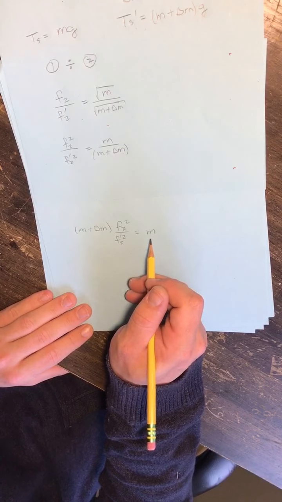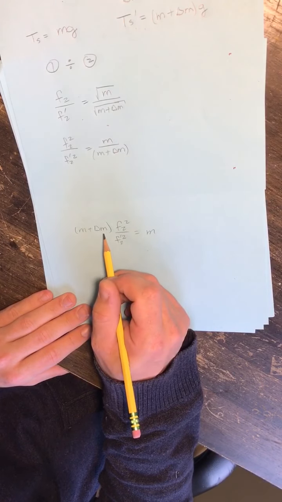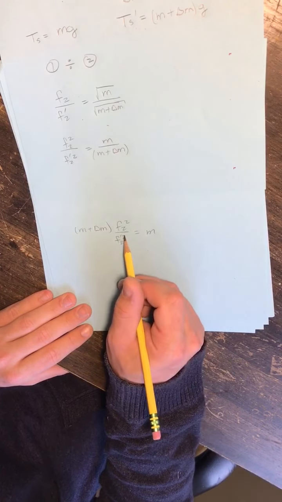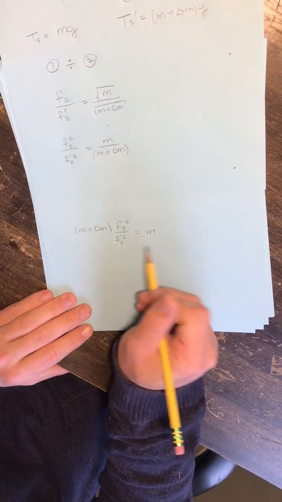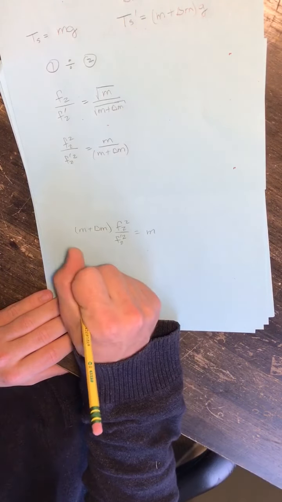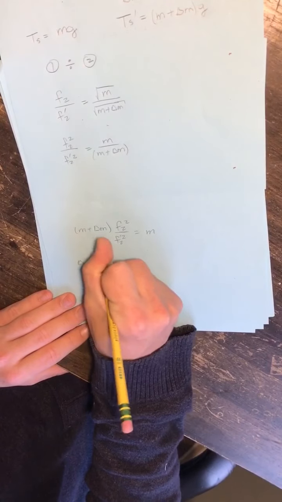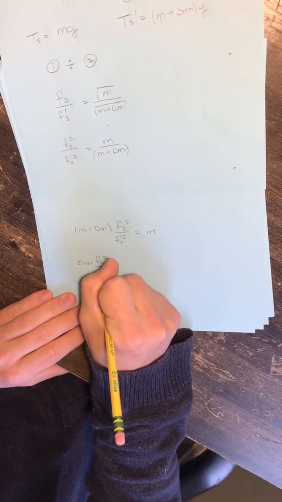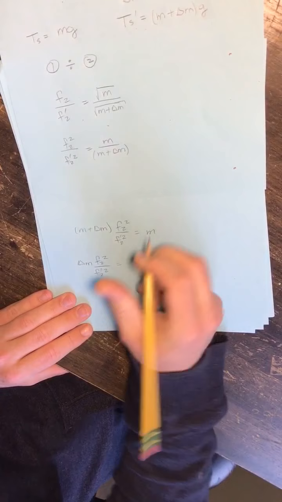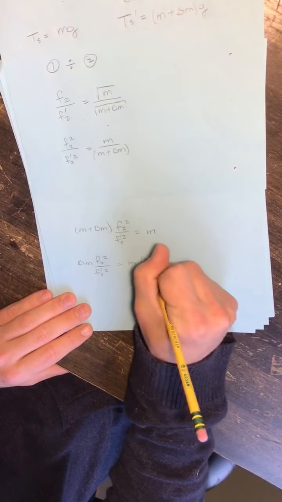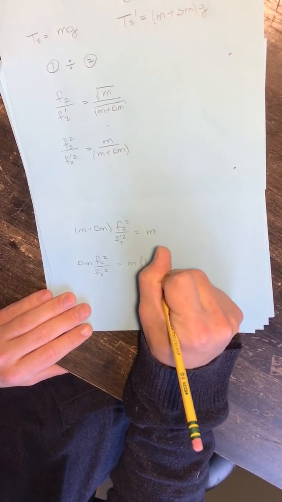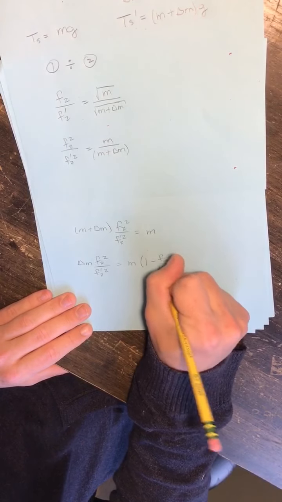So we want to get that guy by itself, but we have this one over here as well. So if we multiply through and subtract, we're going to get delta m times F2 squared over F2 prime squared is equal to m times 1 minus F2 squared divided by F2 prime squared.